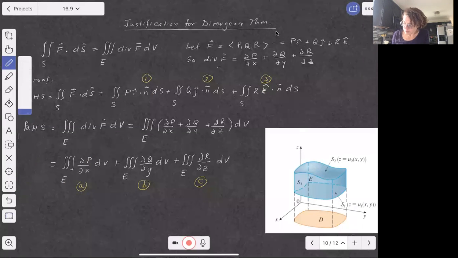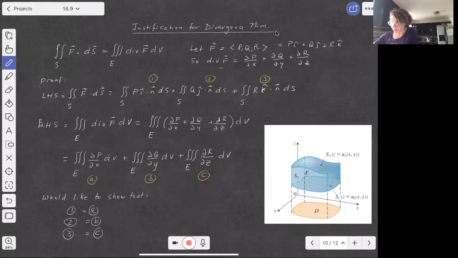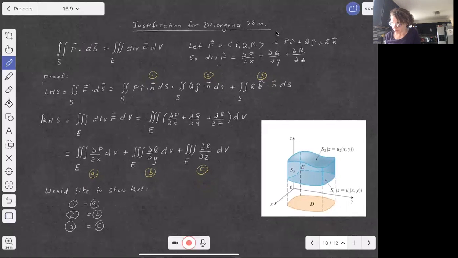So we would like to show that 1 is equal to A, 2 is equal to B, and 3 is equal to C. Now, all the parts are similar, so the only part we're going to do is this one.